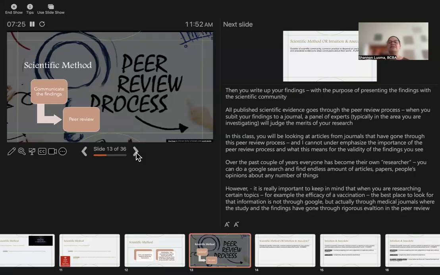The best place to look for that information is not through Google, okay? It's not through Google, it's not through social media. It's actually through medical journals or psychological journals, behavioral journals, where the studies and the findings have gone through this very rigorous evaluation in a peer review.